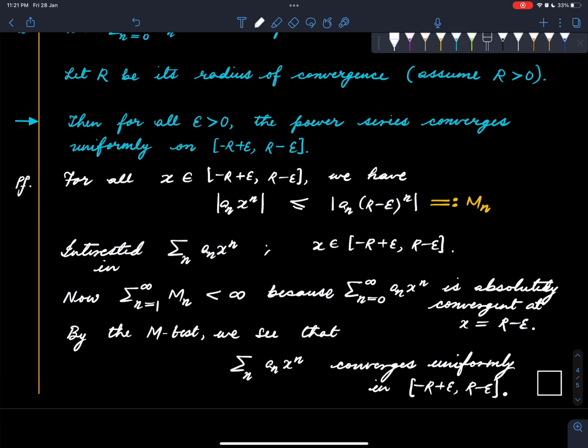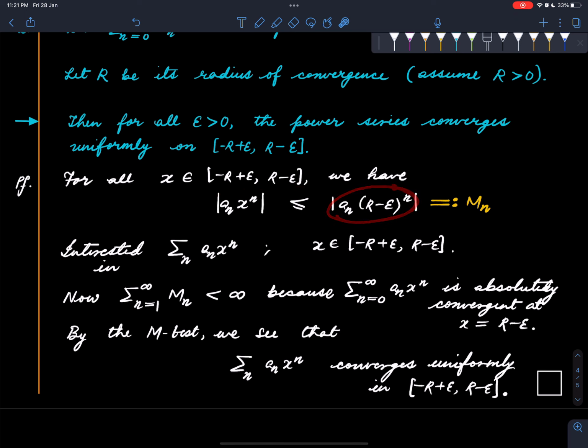So let's go over this once more. We are interested in this series of functions where x is taking values in this interval, and we want to apply the M test. So how do we apply the M test? We estimate the nth guy, and for each x this estimate holds. That's a trivial fact.